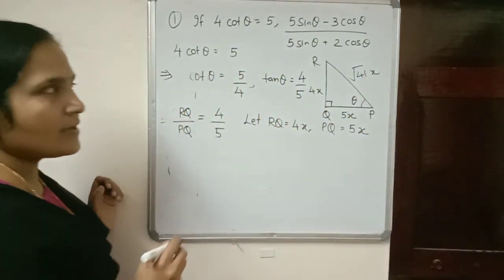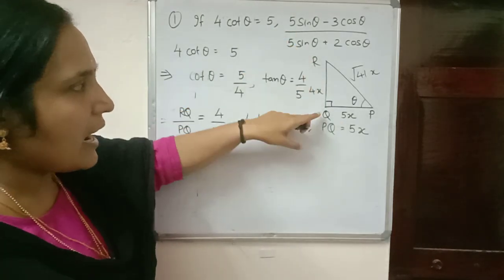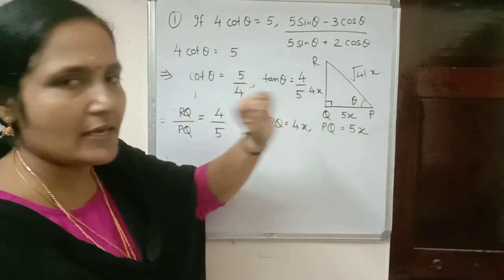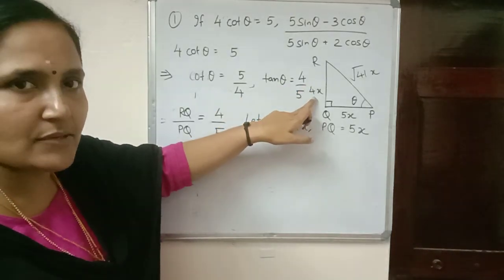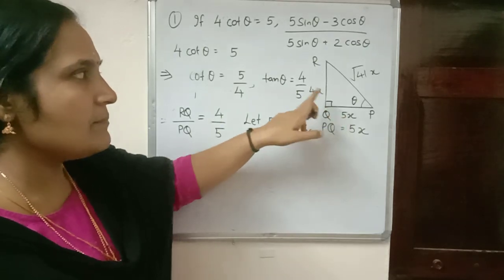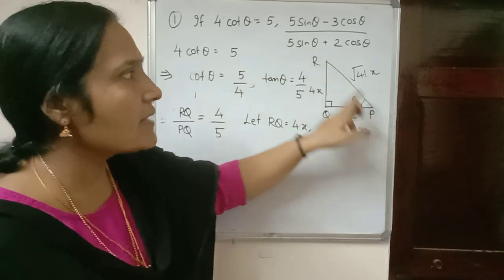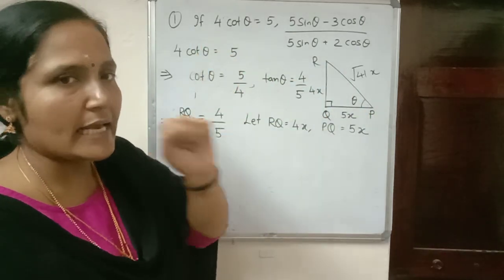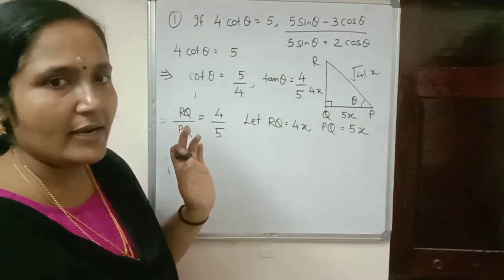By Pythagoras theorem, PR square is equal to RQ square plus PQ square, which is 16x square plus 25x square. 16 plus 25 is 41. So PR square is equal to 41x square. Therefore, PR is equal to root 41x.